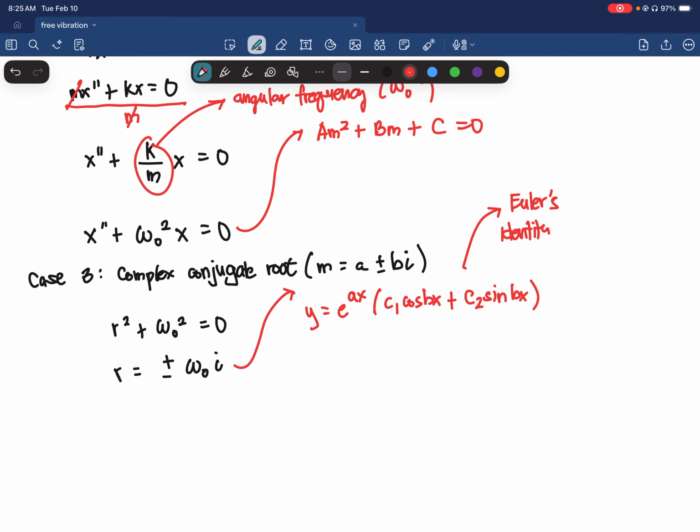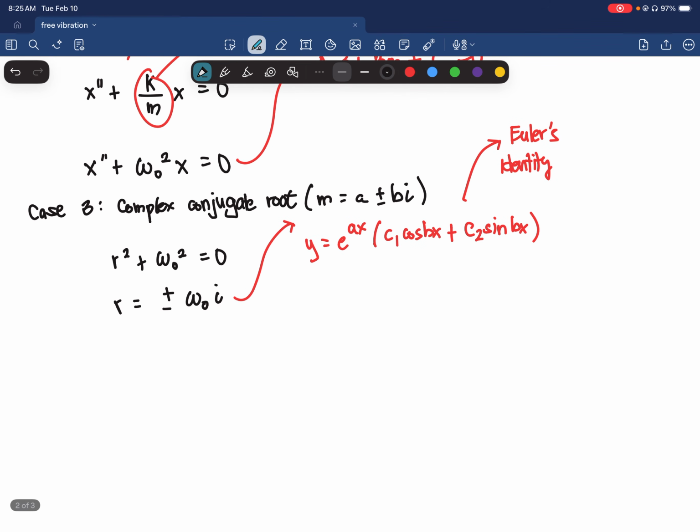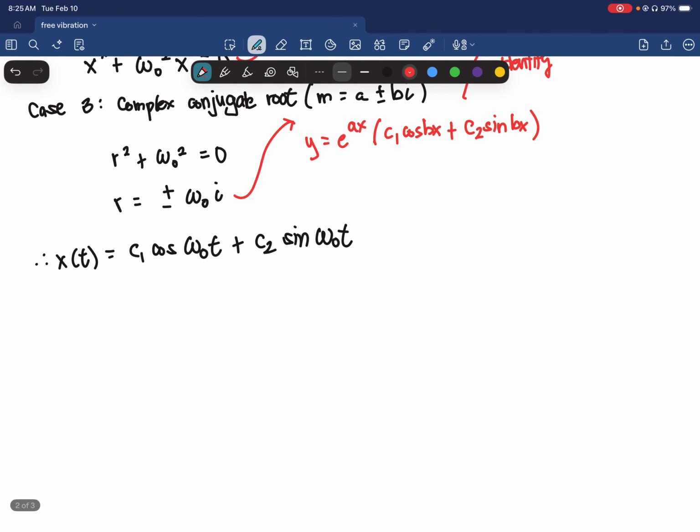I also think I have a video on this, so if you want to know more, please check that out. And ayun, considering yung ating displacement as a function of time, therefore, it is equal to c1 cosine of omega naught t plus c2 sine omega naught t, where yung ating c1 and c2 are defined by initial conditions.